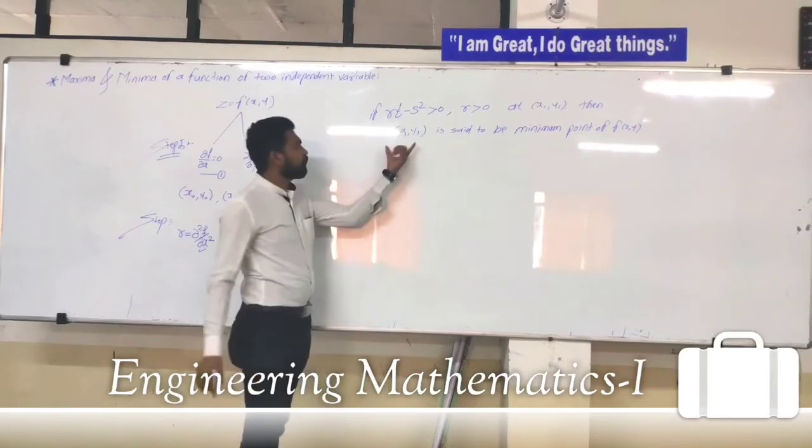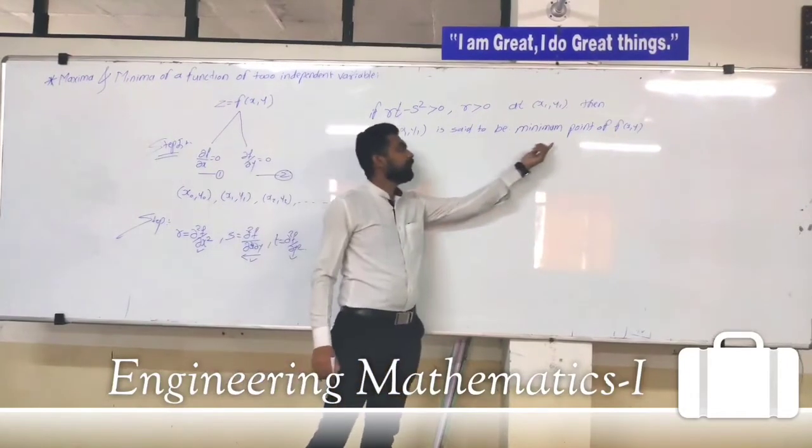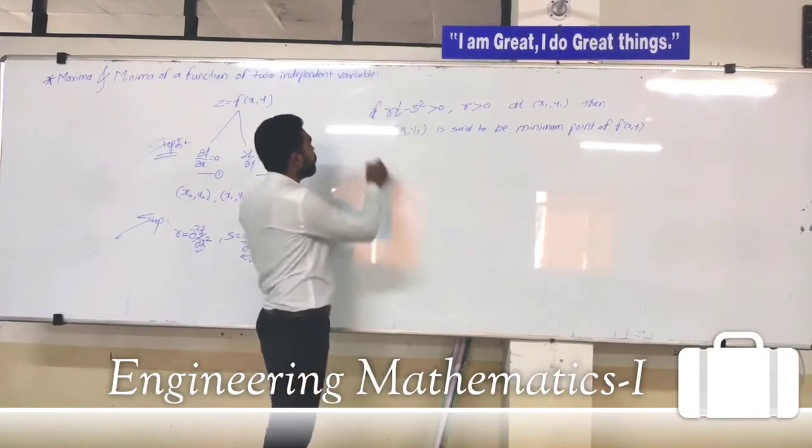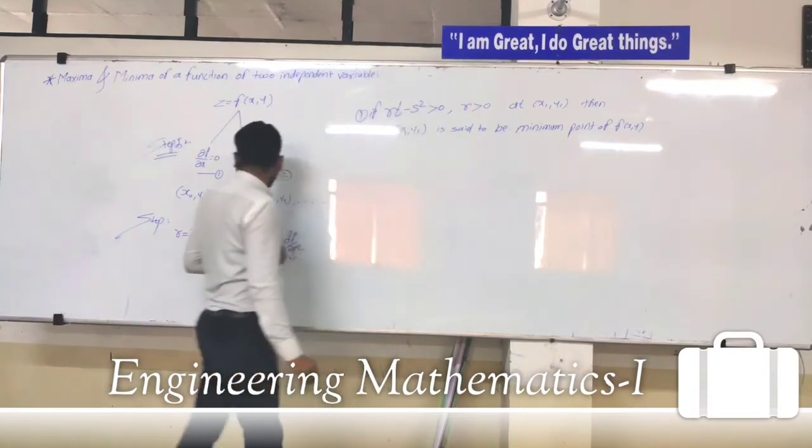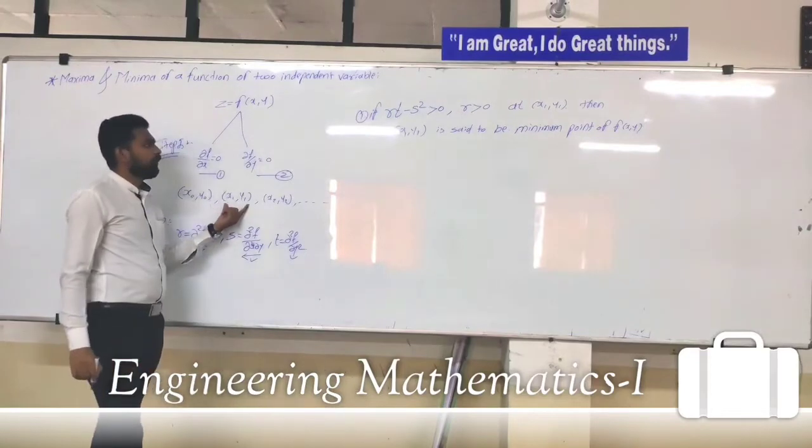Then the point x1 y1 is said to be a minimum point of f of x y if this condition is satisfied by the point x1 y1.